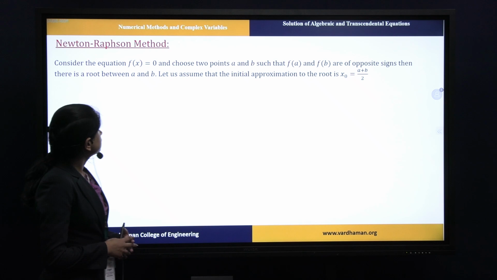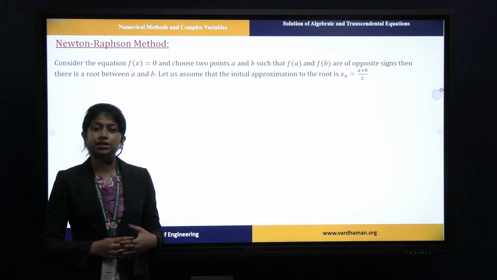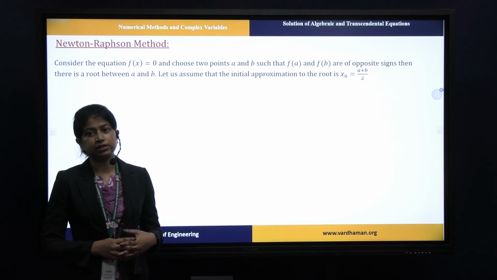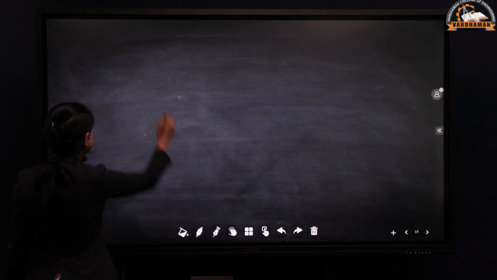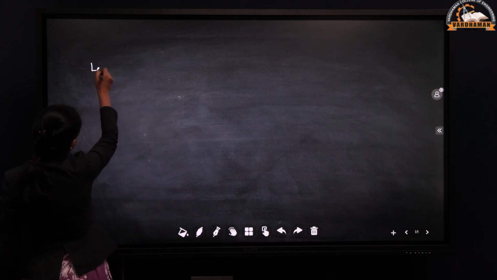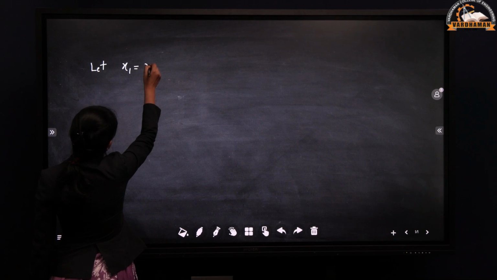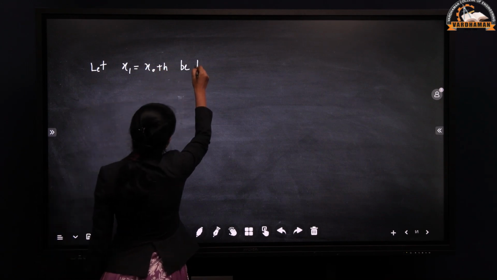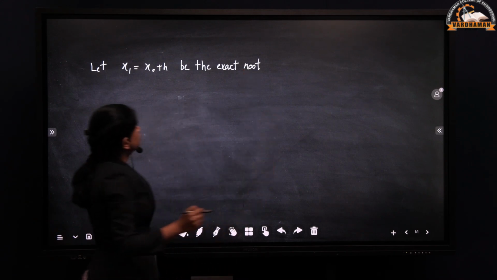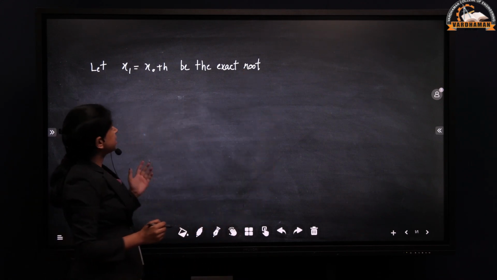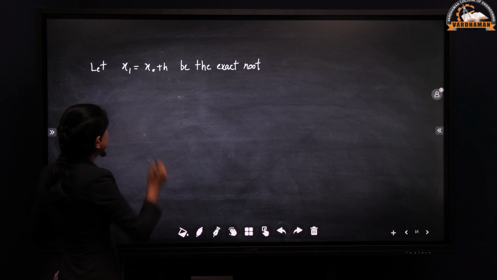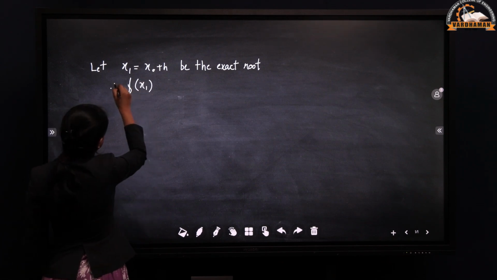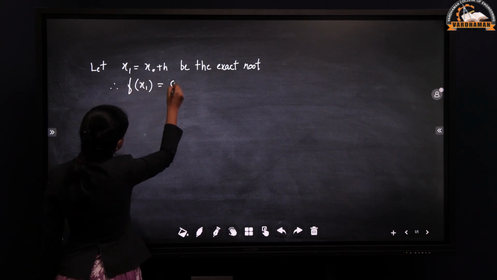Now let us look at how we can derive Newton-Raphson method using Taylor's series. So for this we will first consider let x1 is equal to x naught plus h be the exact root. So we know if this is the exact root, then the function value at x1 will be 0.